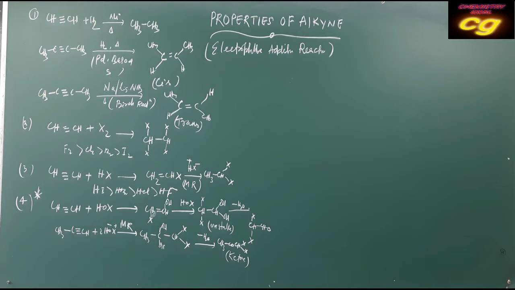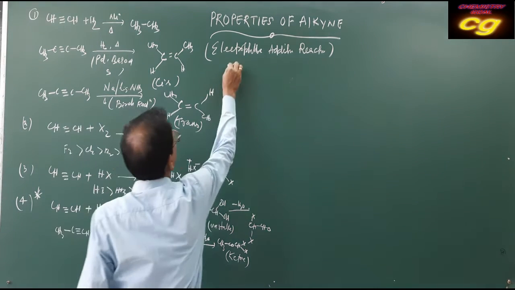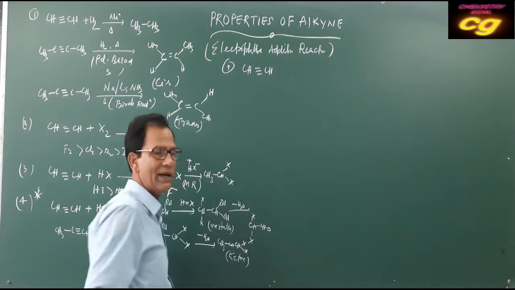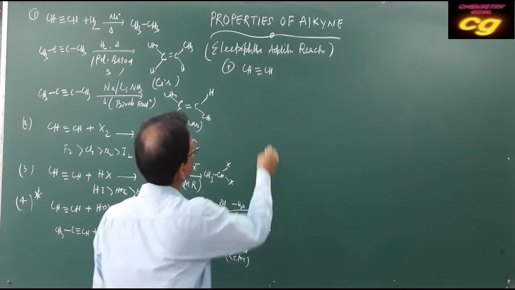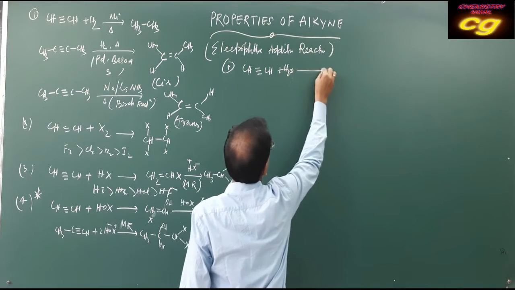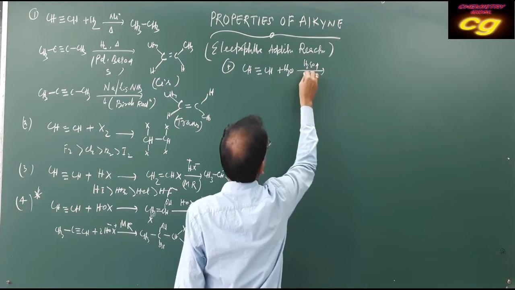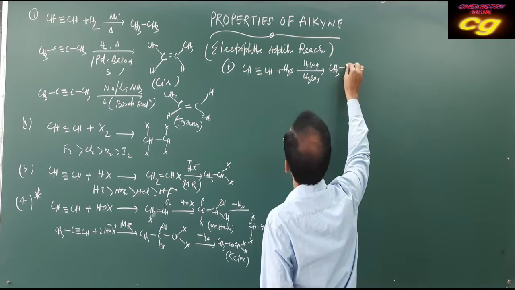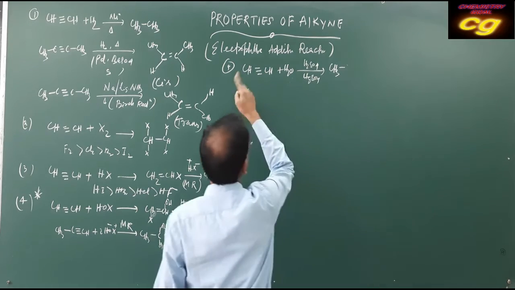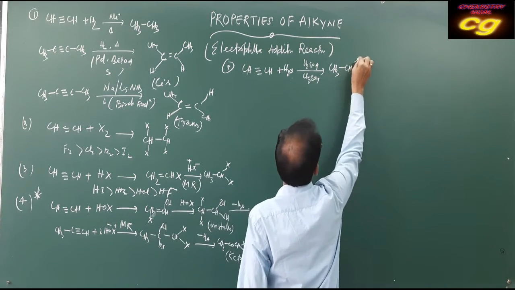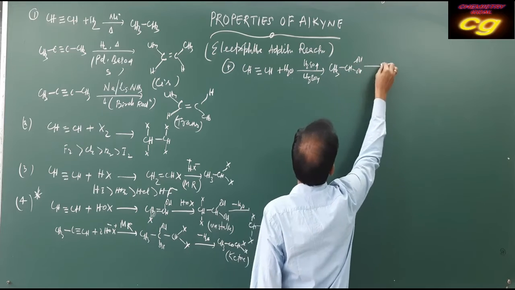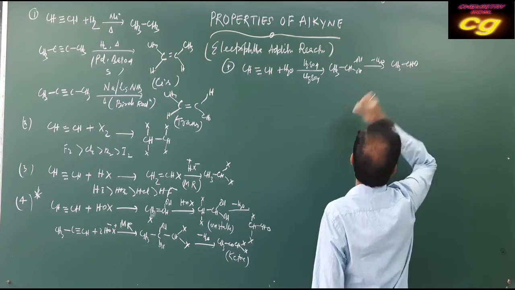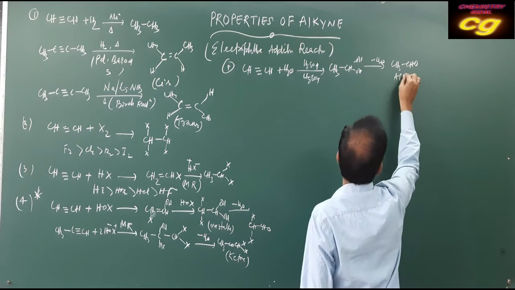So this is also addition of water. Acetylene does not react with water directly, but in the presence of sulfuric acid and mercury sulfate it reacts with water. Two molecules of HOH are added, the result is CH3CH(OH)2, it loses a water molecule, and the result is CH3CHO, aldehyde.